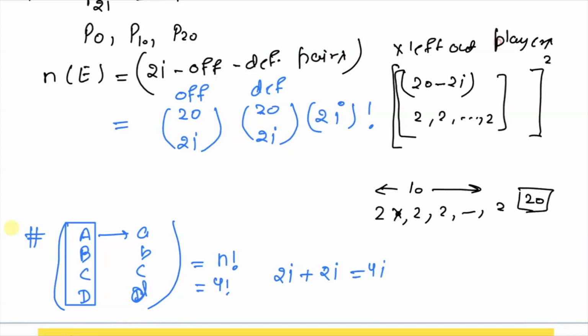Because you have taken 2I out, that means 10 minus I pairs are left. So there are 10 minus I groups, and because we are just dividing them into groups, you need to divide by 10 minus I factorial, the number of repetitions.